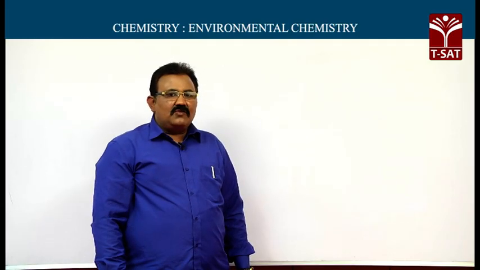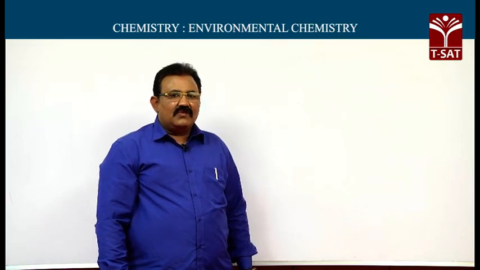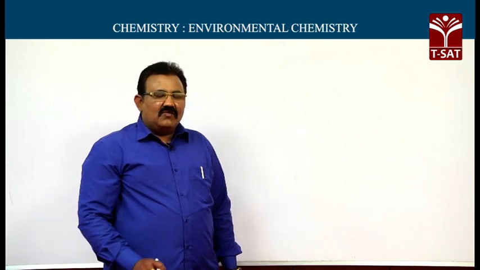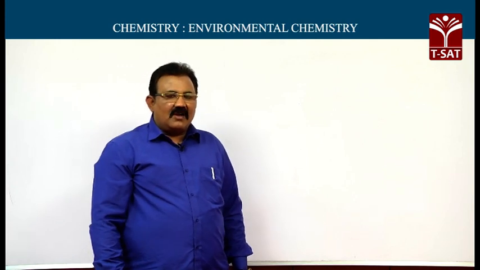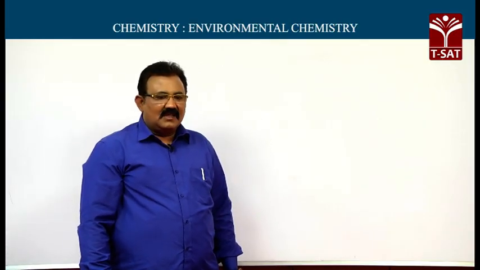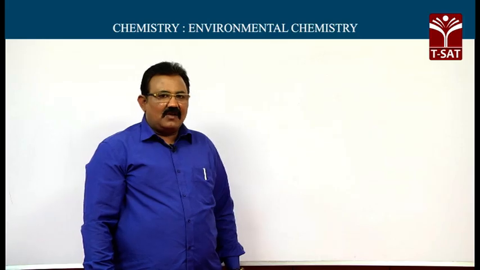NO is mainly produced into the environment from the burning of fossil fuels, from jet planes. And this NO combines with oxygen, gives nitrogen dioxide, and it pollutes the environment.